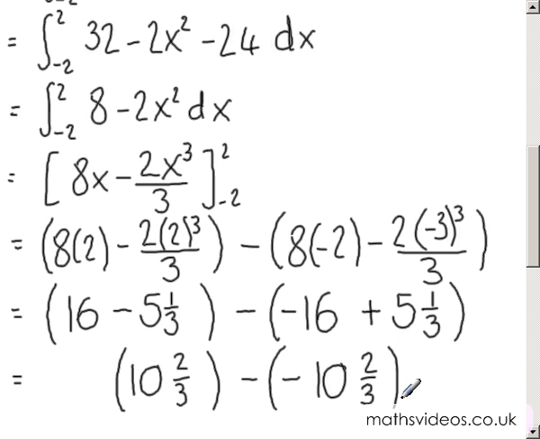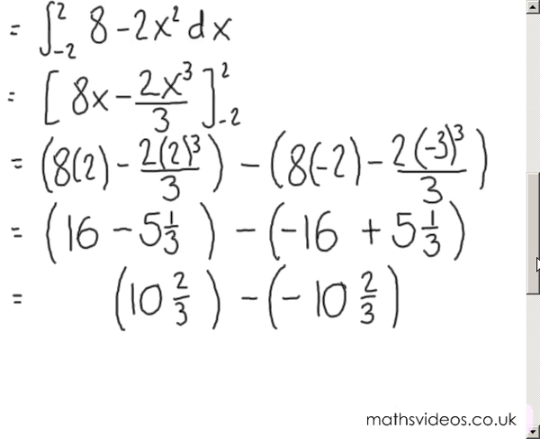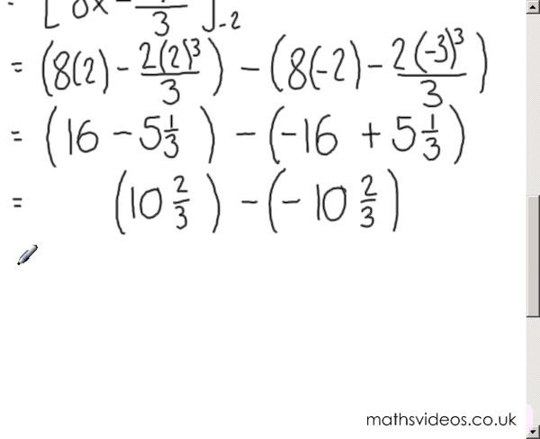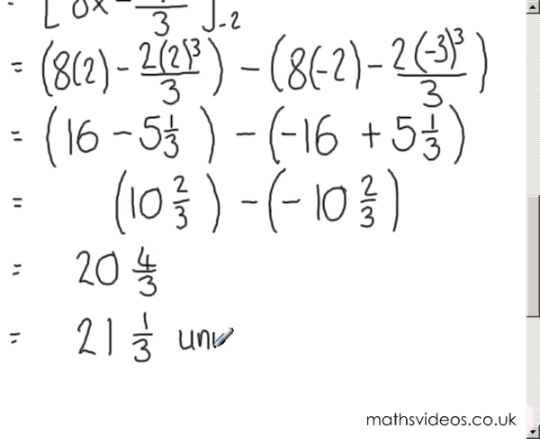So we have 10 2/3 take away negative 10 2/3. So that's the same as adding, which gives us 20 4/3. And 20 4/3 is 21 and 1/3. So that's the area of the section shown in green.